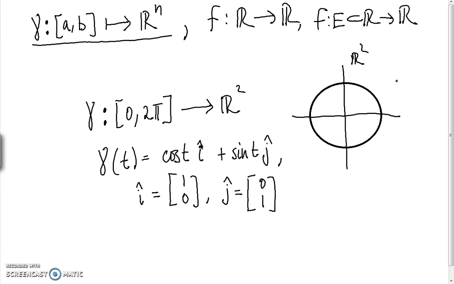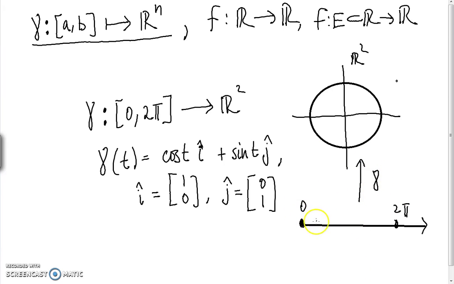So the domain of the function you can just view as a line. This is one way of viewing it. You go from 0 to 2 pi, and you go from this line to the circle, and that's what this function does.